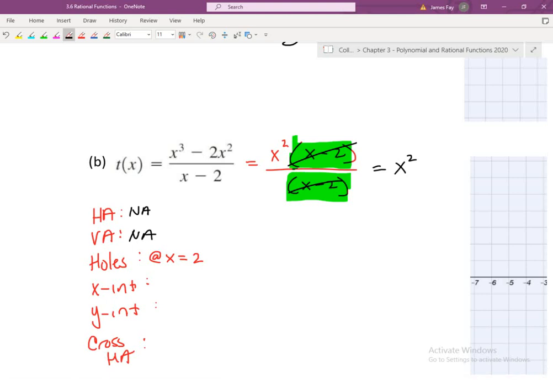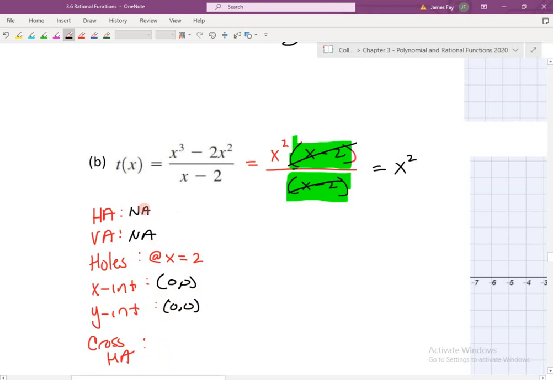So if I look at x squared, what are the x-intercepts for x squared? Isn't it 0, 0, the origin? That's where the vertex is. And that is an x-intercept, it is also the y-intercept.